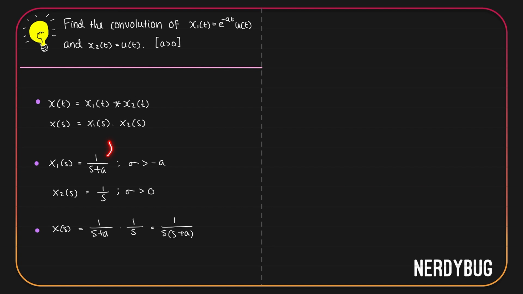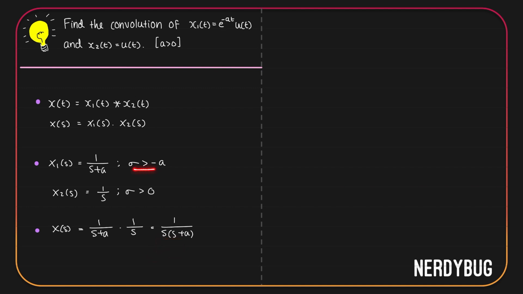The pole in our first function was s equal to minus a. The pole in the second function is s equal to 0. In the product, we have a pole at s equal to 0 and another pole at s equal to minus a. Both poles are retained. None of them got cancelled. So ROC is going to be equal to the intersection of the individual ROCs.